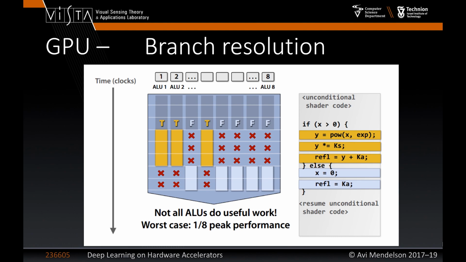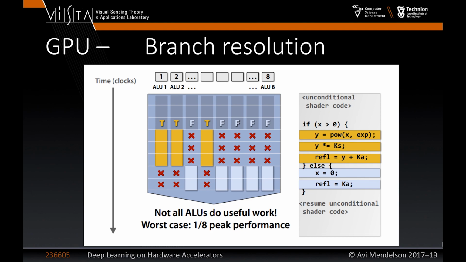There is some research that tries to compare the use of predicates and branch prediction, and apparently there are cases where one mechanism is better and cases where the other is better, but for sure predicates are much less costly than branch prediction, and this is the reason that they use them.